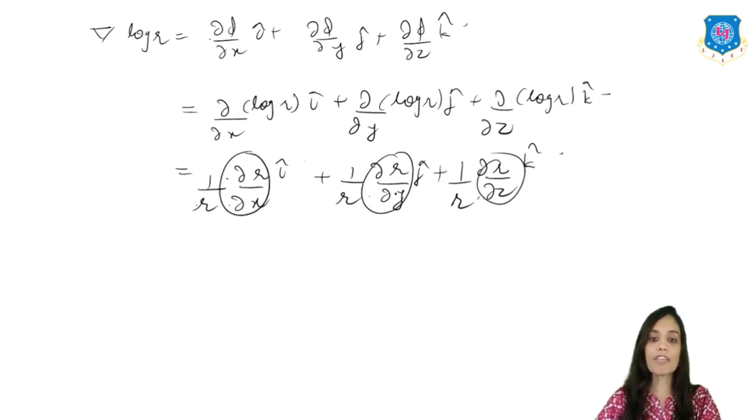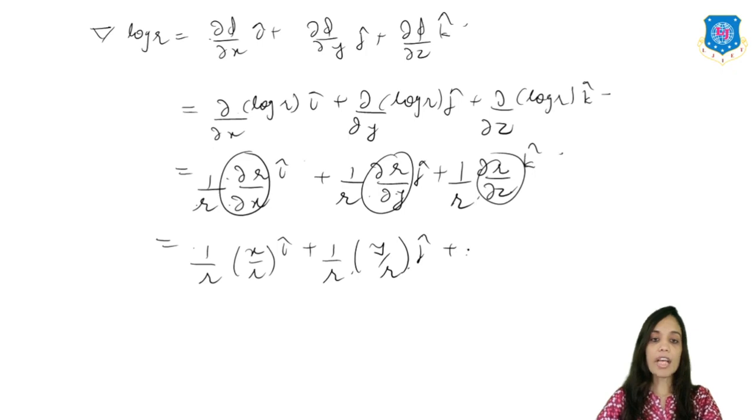It is x by r, y by r and z by r. So we can write this as 1 upon r into x upon r i cap plus 1 upon r into y upon r j cap, plus lastly we will have 1 upon r z by r k cap.